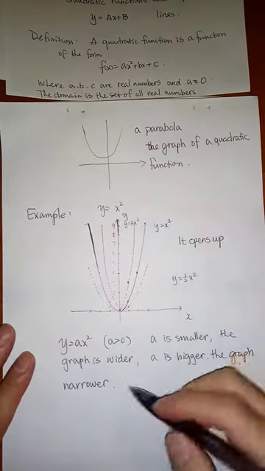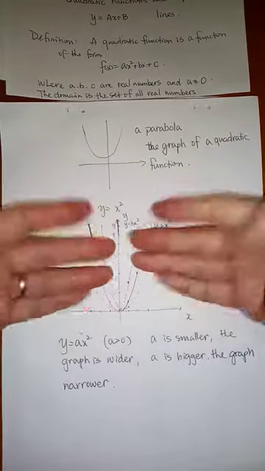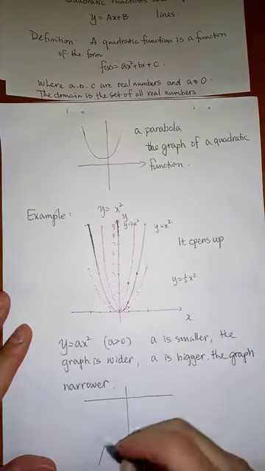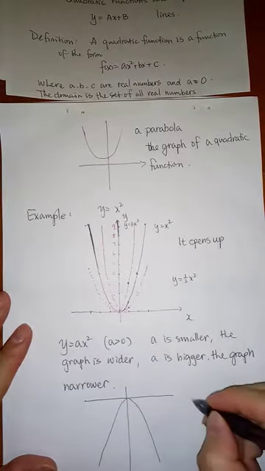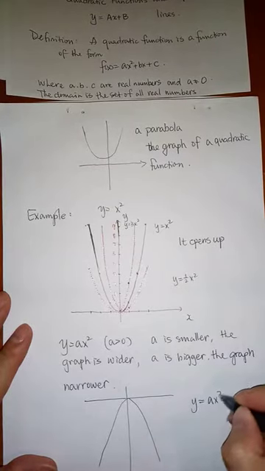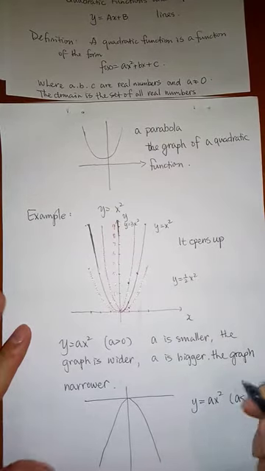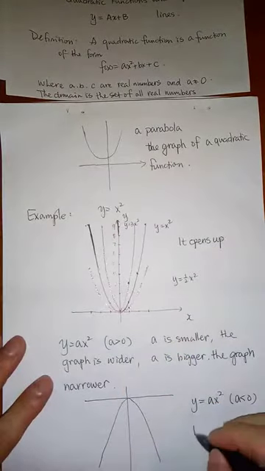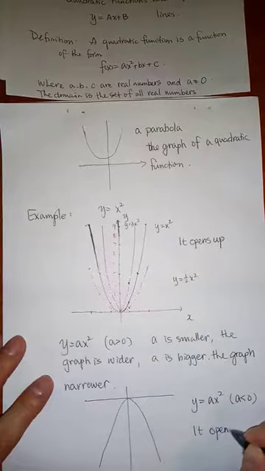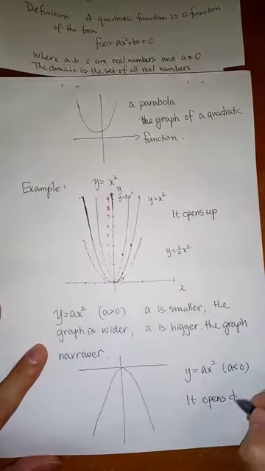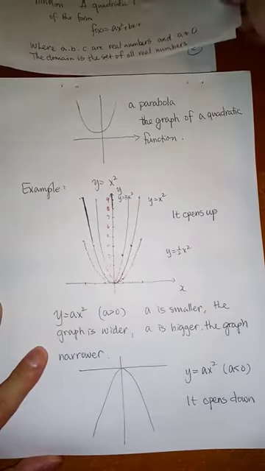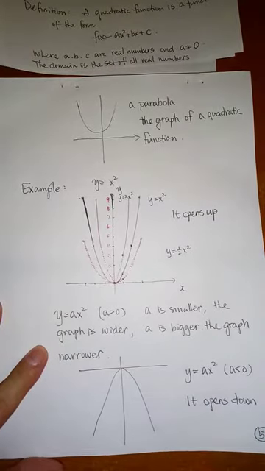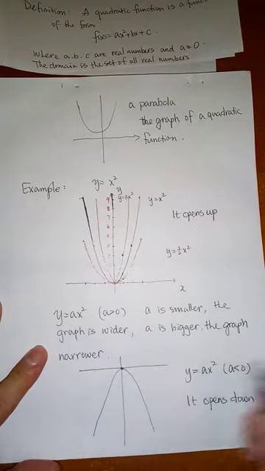If you have a negative, you basically just flip the graph down. So this, we call it opens down. And it starts from this point.